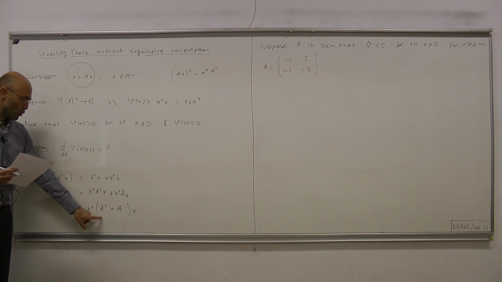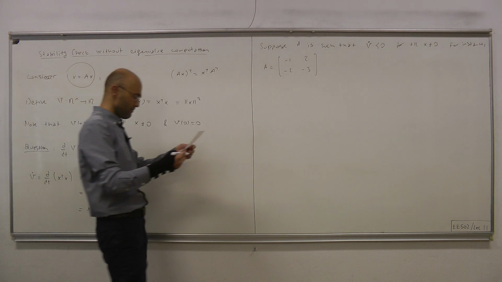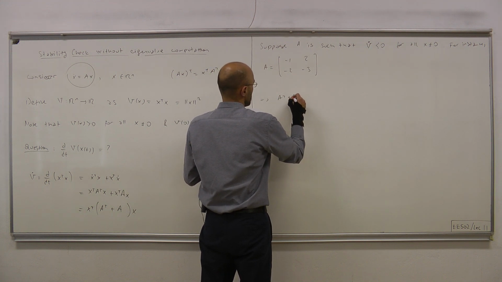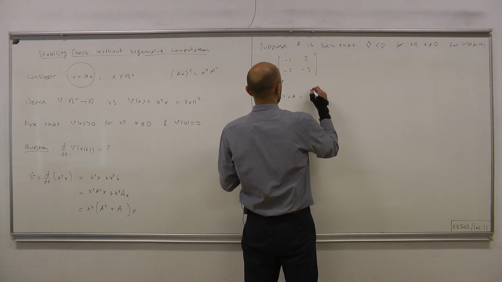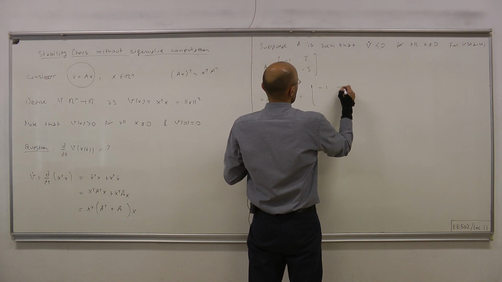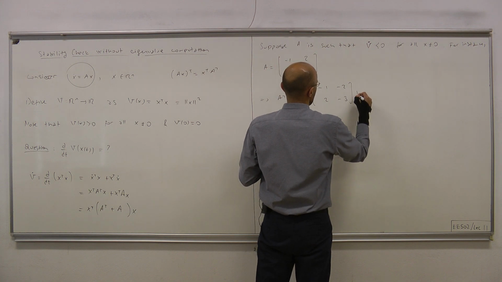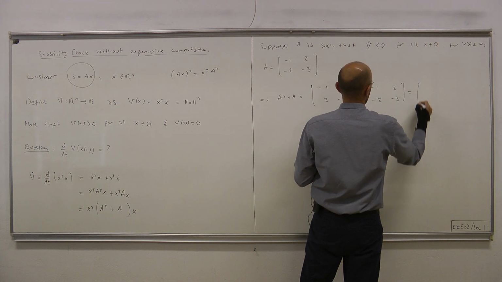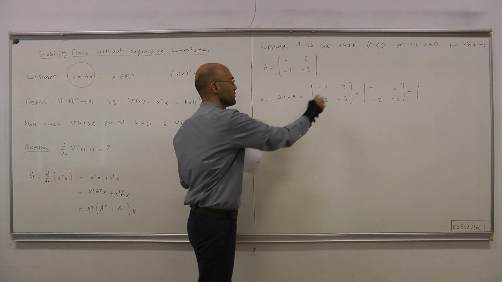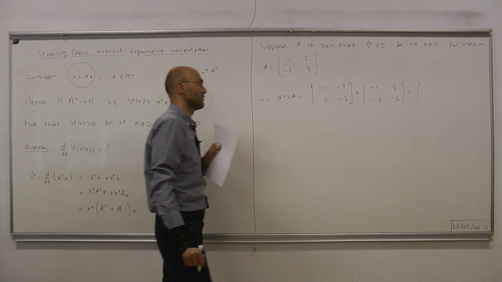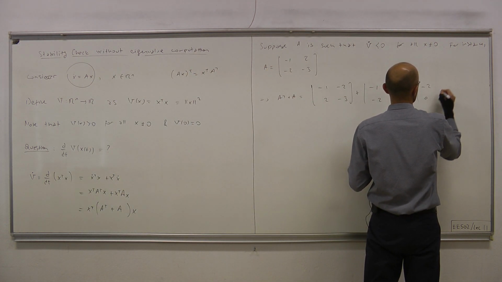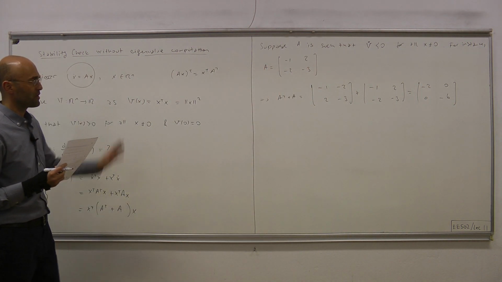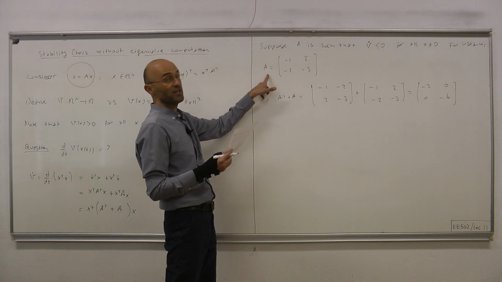Now for that A matrix, let's compute this sum, A transpose plus A. A transpose plus A equals -1, -2, 2, -3, plus -1, 2, -2, -3. Okay, the -2 and the 2 will cancel, and the same will happen with the other off-diagonal terms. And we have -2, 0, 0, -6. Okay, it's a very nice structure. It's diagonal, even though A is not itself diagonal.